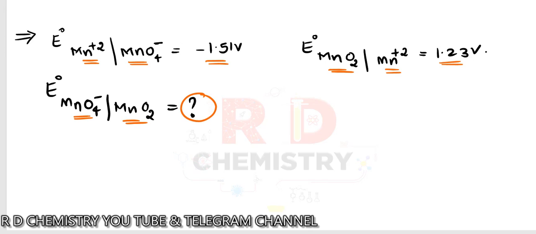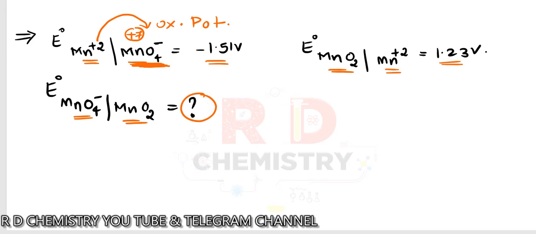Let us find out whether they have given oxidation potential or reduction potential. Here, in MnO4 minus, the first data, if I calculate the oxidation number, it is equal to plus 7. Plus 2 becoming plus 7 is oxidation. Therefore, it is an oxidation potential.